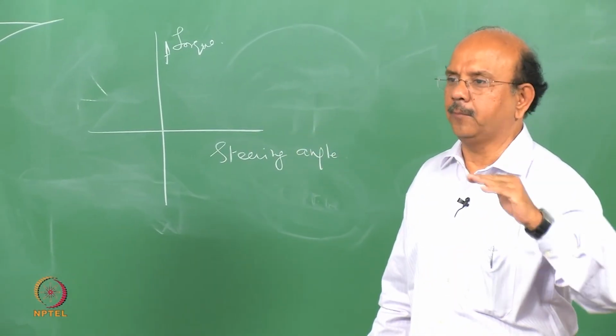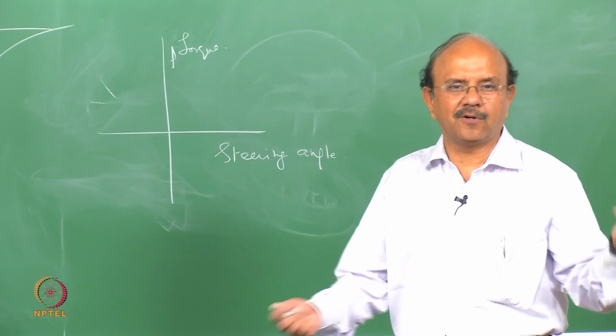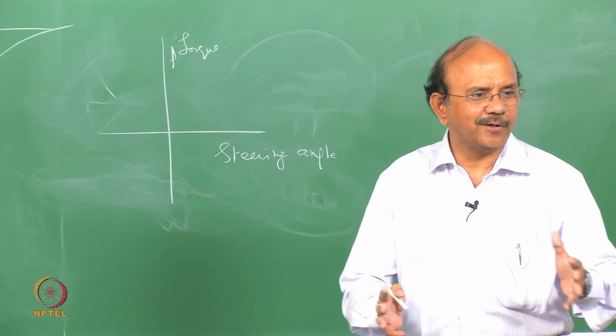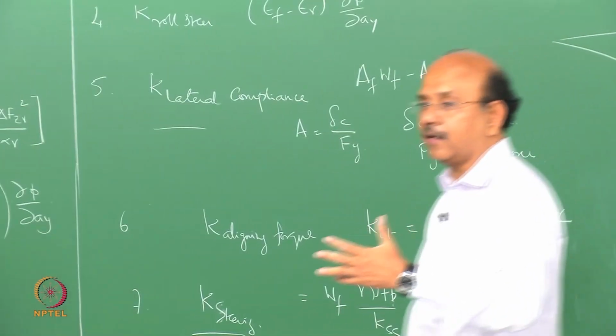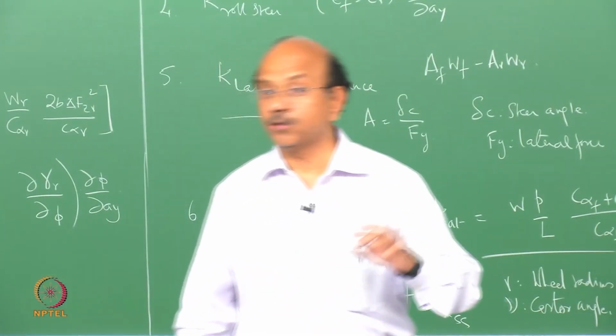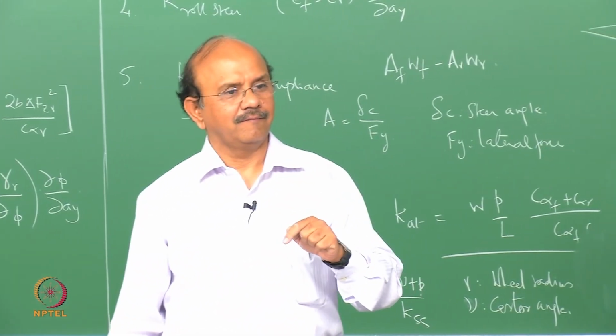So don't tell me, why are you doing all these things? Anyway, I am not going to drive beyond 30 kilometers. Subjective evaluation is not there. It's to understand the limit of the car. So there are a lot of subtleties.